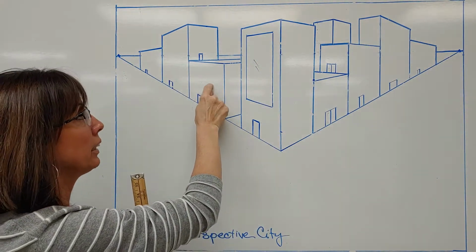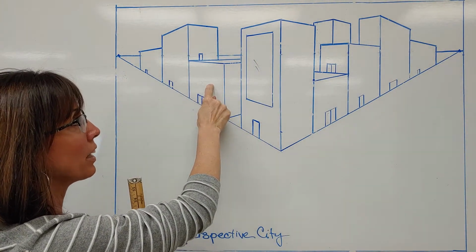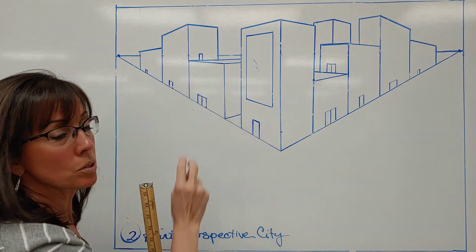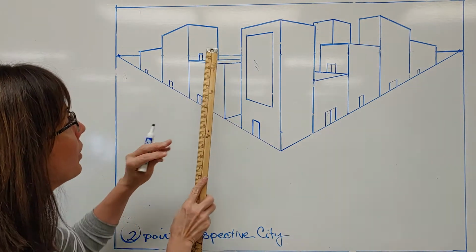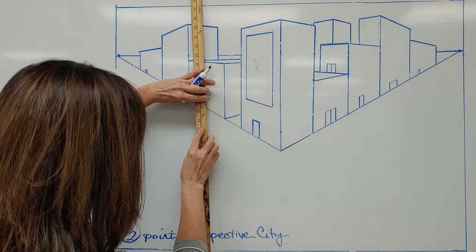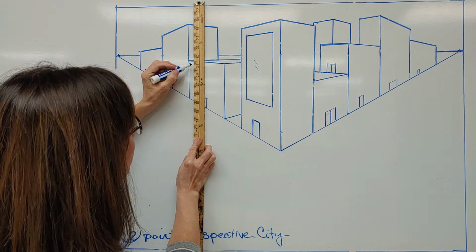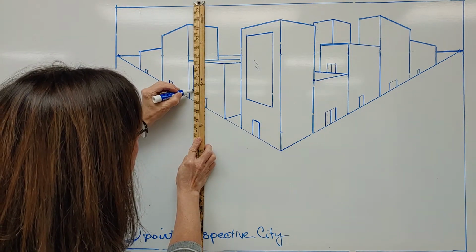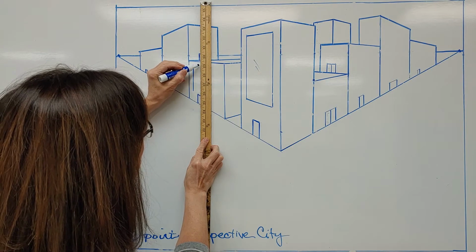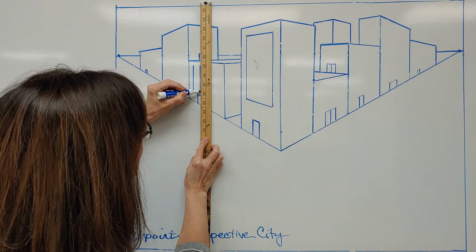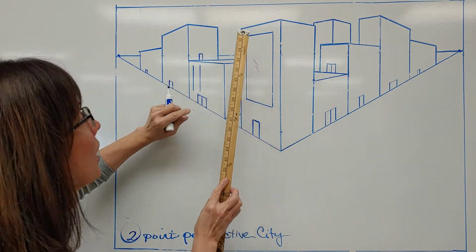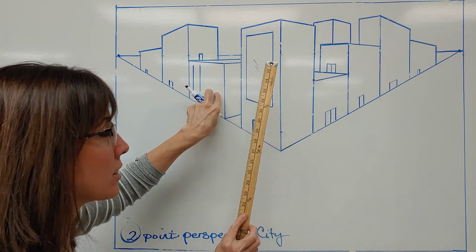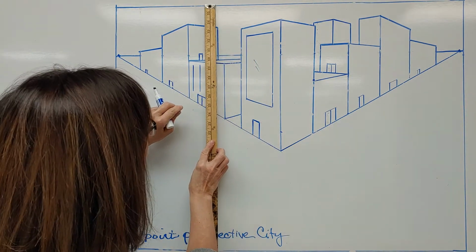On this building here, I would like to make 2 columns of windows. So I'm going to make a set of vertical lines for one column. Okay, so this is going to be a column. And then I'm going to do another set of 2 vertical lines for another column.